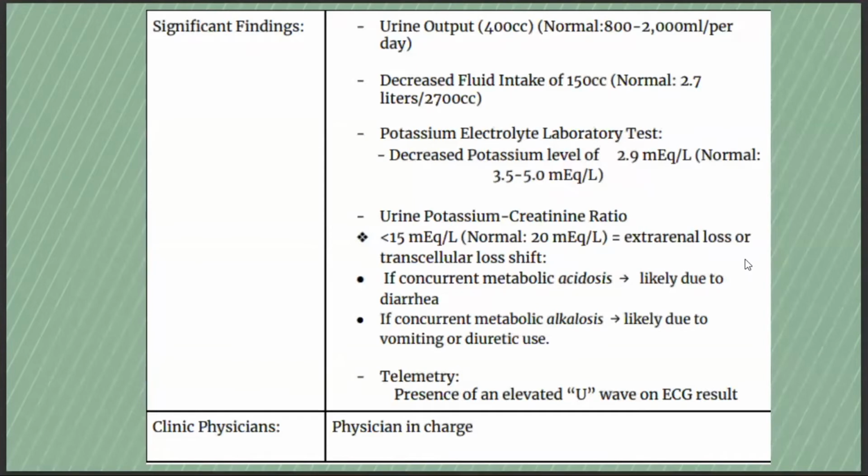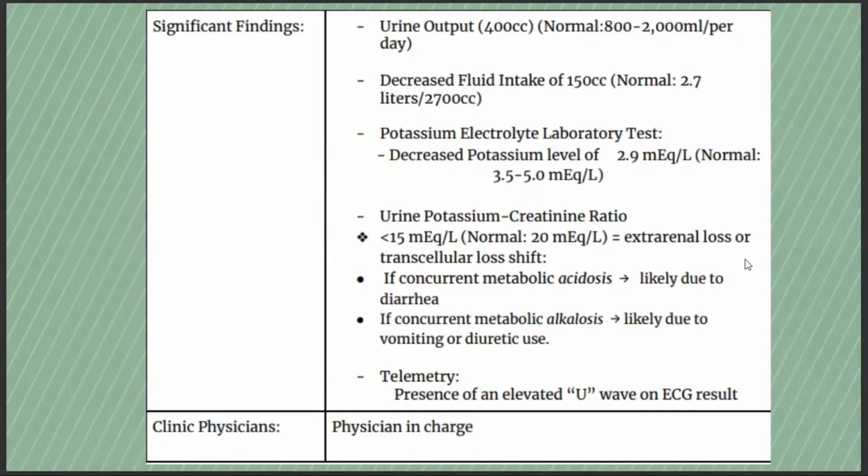Next slide. The significant findings or the lab results of the patient are the decreased urine output of 400 cc, and the normal urine output is 800 to 2000 ml per day.